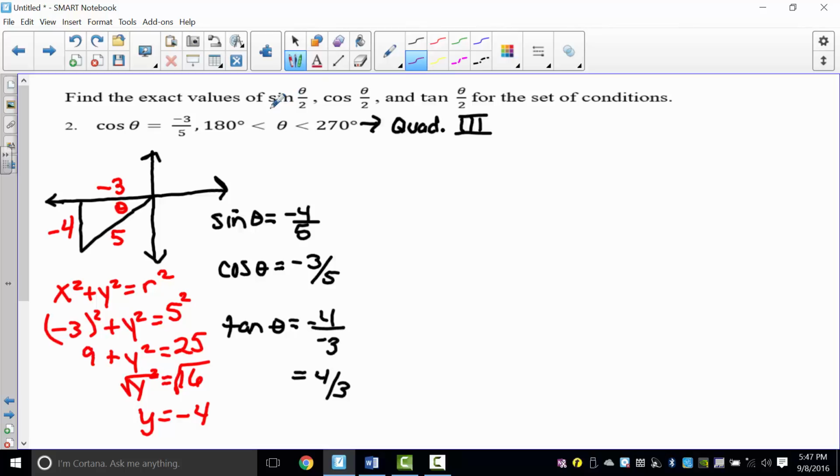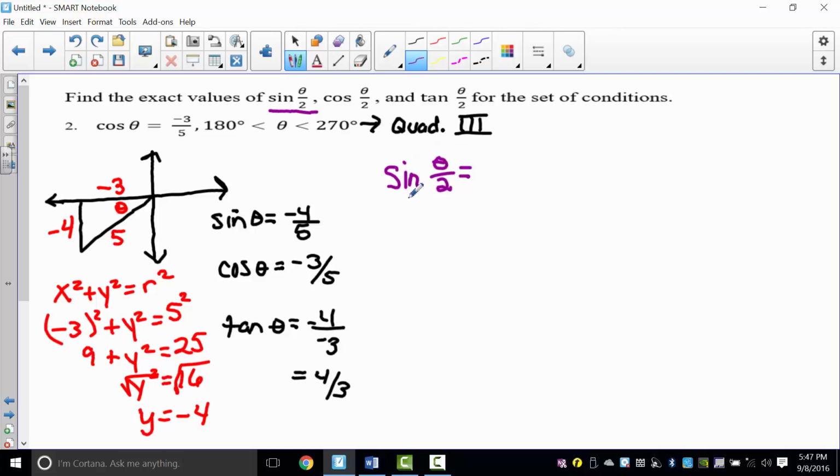Now we are ready to find sine of theta over 2. So get the formula from your cheat sheet. Sine of theta over 2 equals, and notice in front of the radical you have plus or minus. Well, we are in quadrant 3 and we are finding sine.